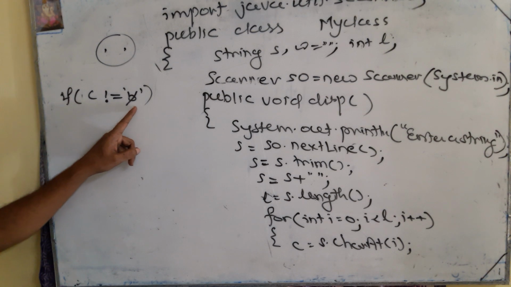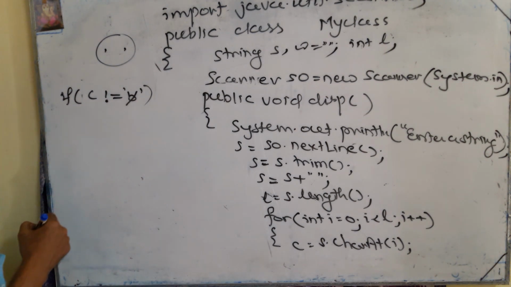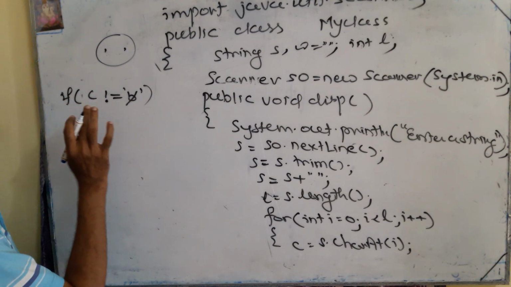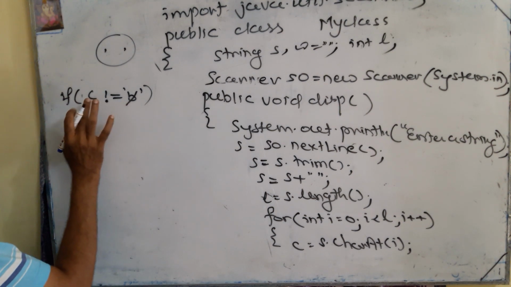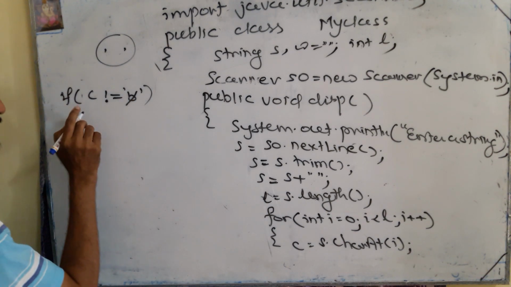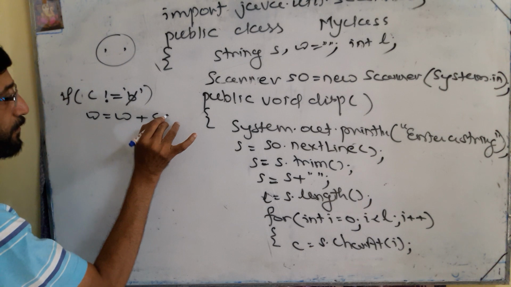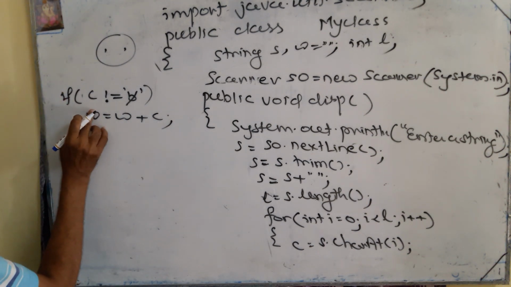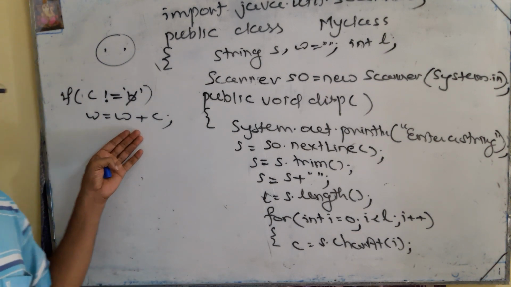Since we are going to check a single character, you can write this symbol, exclamation and equal to, to check whether the selected character is a space character or not. As long as the selected character is not equal to the space, you have to concat it with the variable: w is equal to w plus c. So your selected character will be joined with the variable w.